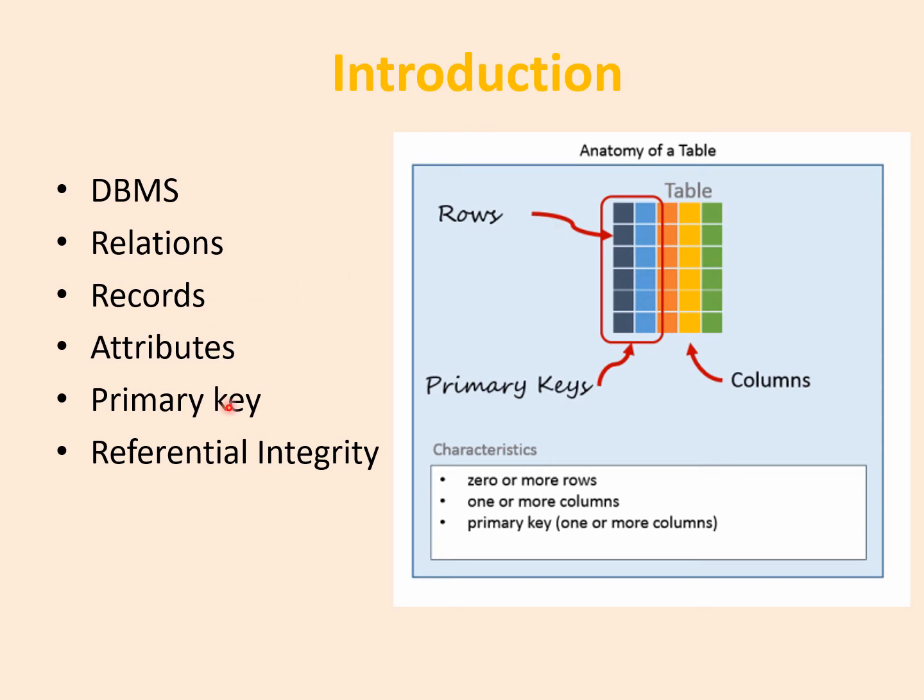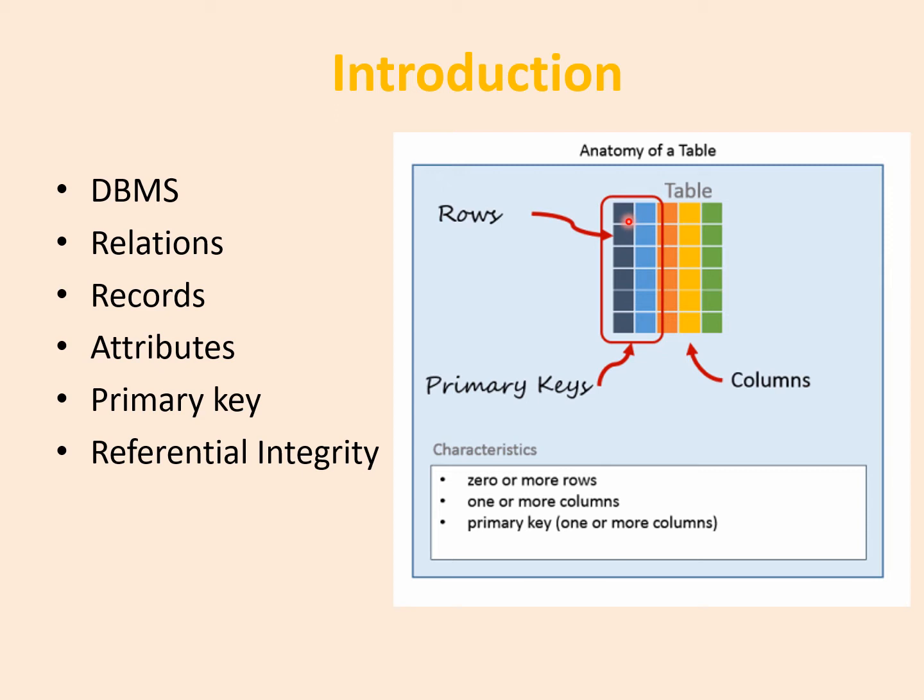And primary key is a particular concept in database management systems, and primary key is specified as a constraint in the table. The agenda behind primary key is that it is used for identifying a record uniquely from the corresponding table.